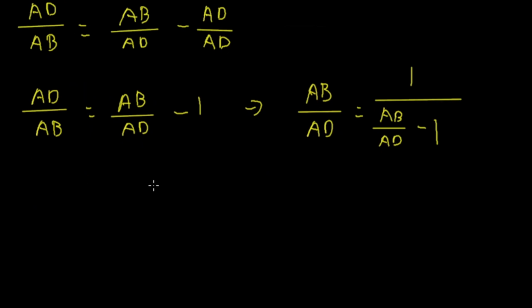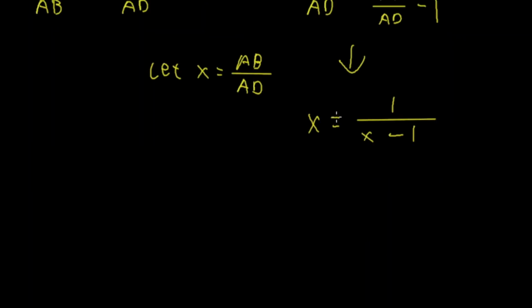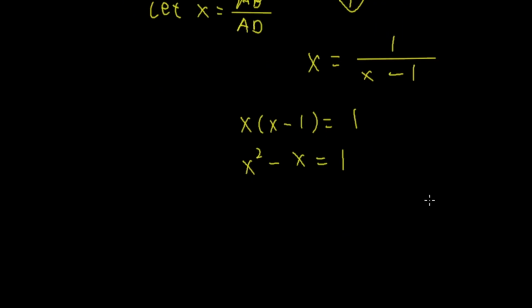We will let x equal AB over AD. That means x is equal to 1 over x minus 1. Now, multiply both sides by x minus 1. We have x times x minus 1 equals 1. That will give me x squared minus x equals 1. Subtract 1 from both sides, and we have x squared minus x minus 1 equals 0.